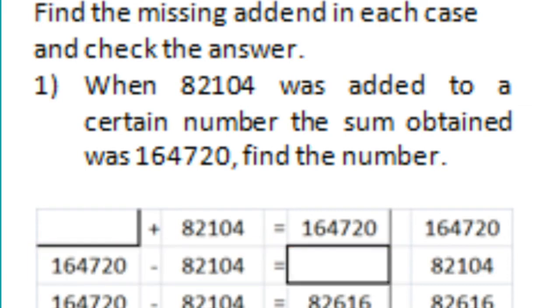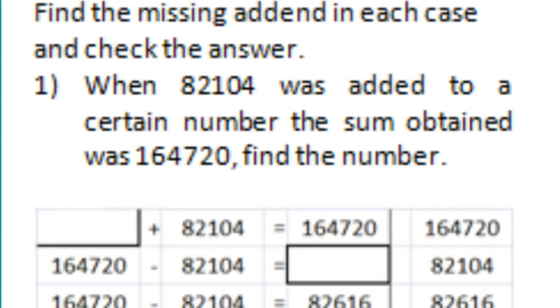That means we have to subtract 82,104 from the sum, that is 1,64,720. So when we subtract, we will get 82,616. So the missing number is 82,616.